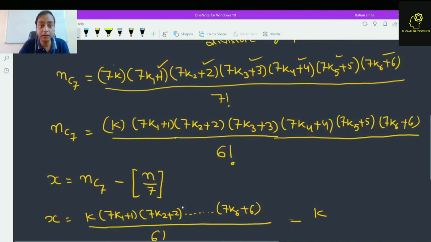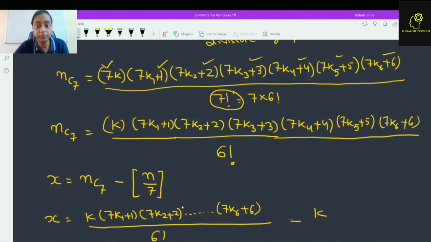How come this is 6 factorial? Because 7 factorial is equal to 7 into 6 factorial, so this 7 and 7 get cancelled out, and 6 factorial remains.